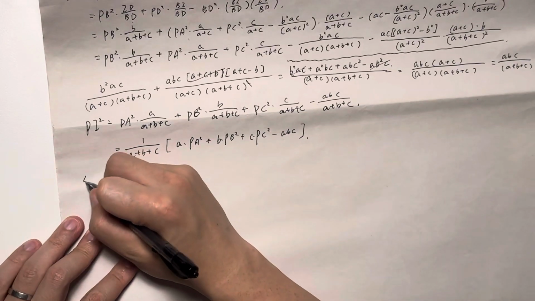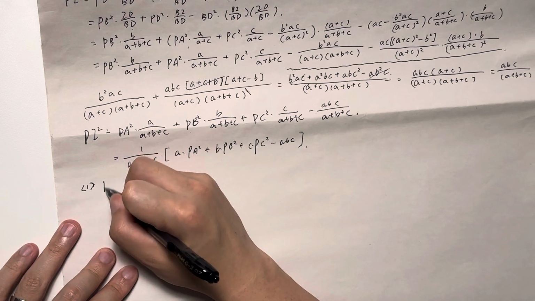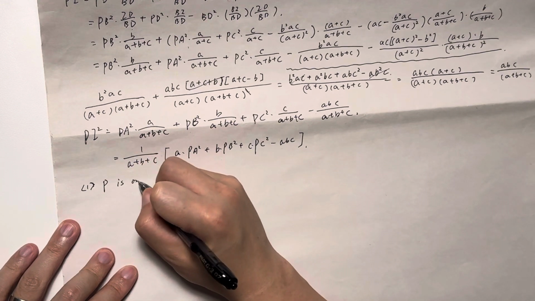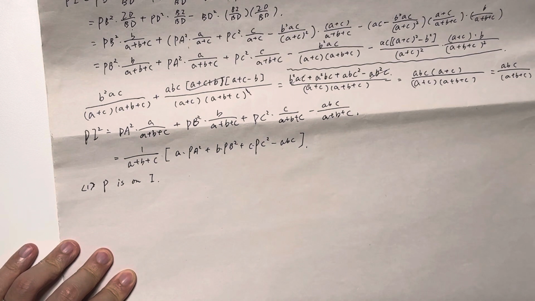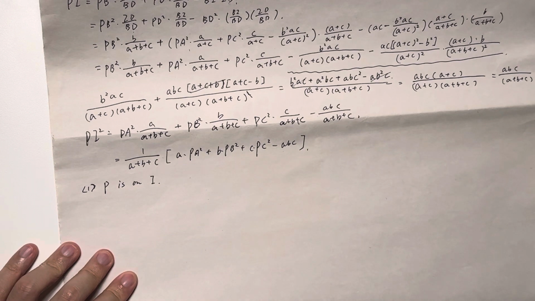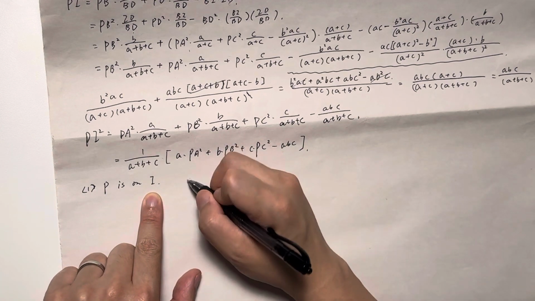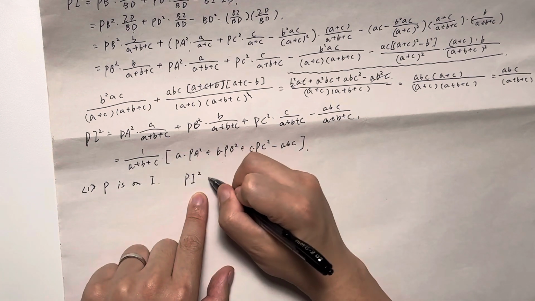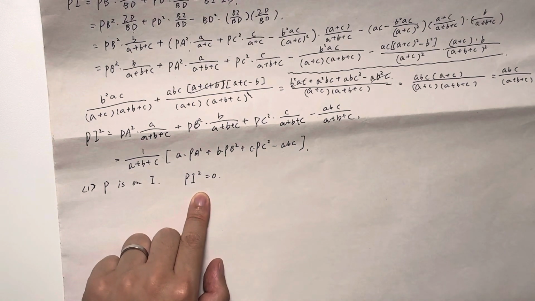So let's look at the case, right? Case 1, when P is on I. So when P is on I, that means PI squared equals 0. Right?